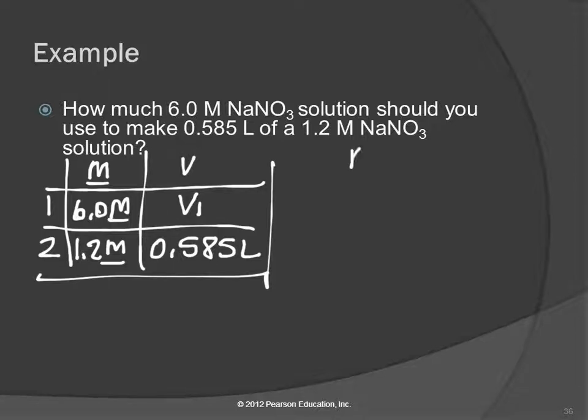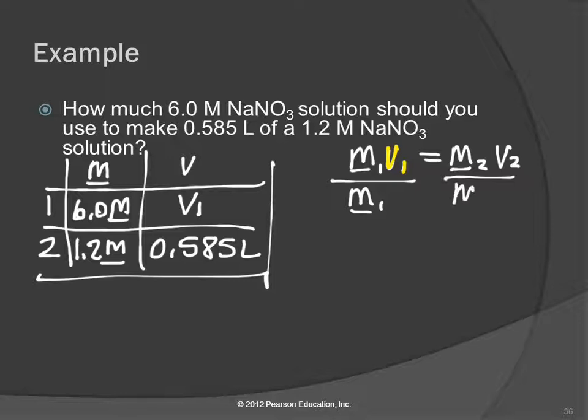The dilution equation is M1V1 equals M2V2. Thankfully there are no fractions in there, so we can just set to rearranging it right away. V1 is what we're trying to find. So we divide by M1 on both sides, and those cancel out.